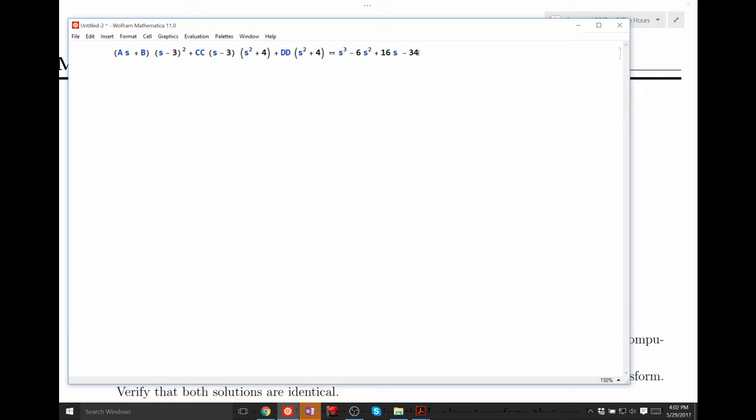Alright, what can we do? We can start plugging in numbers, and Mathematica can plug in numbers for you. For example, if we plug in s equals 3, this equation simplifies into an equation for d only. Mathematica has a ReplaceAll command that does the replacement or plugging in for you.